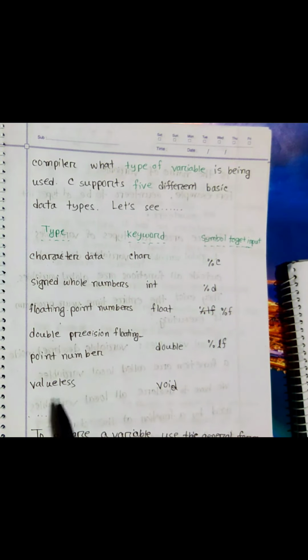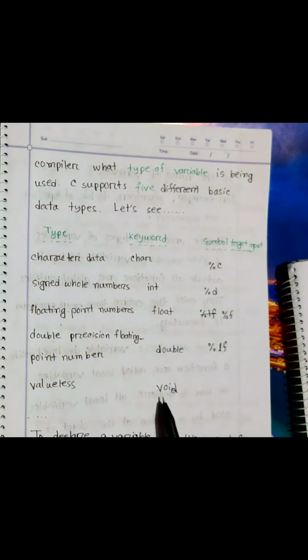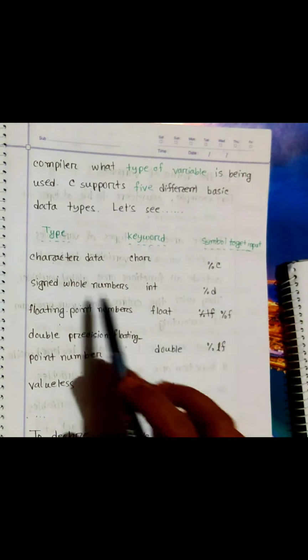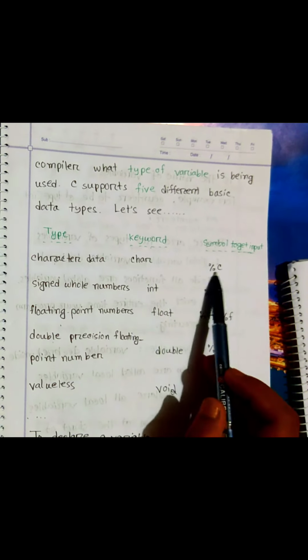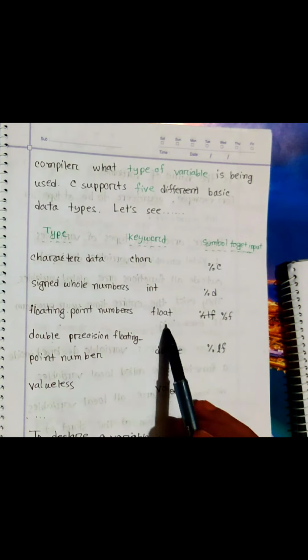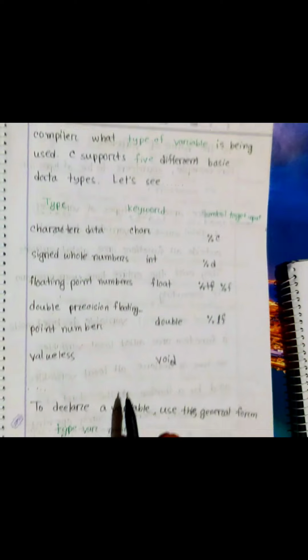Okay, valueless. It has no values. It will provide nothing to the compiler. The keyword is void. You can also see the symbols: character %c, int %d, float %f, double %lf.